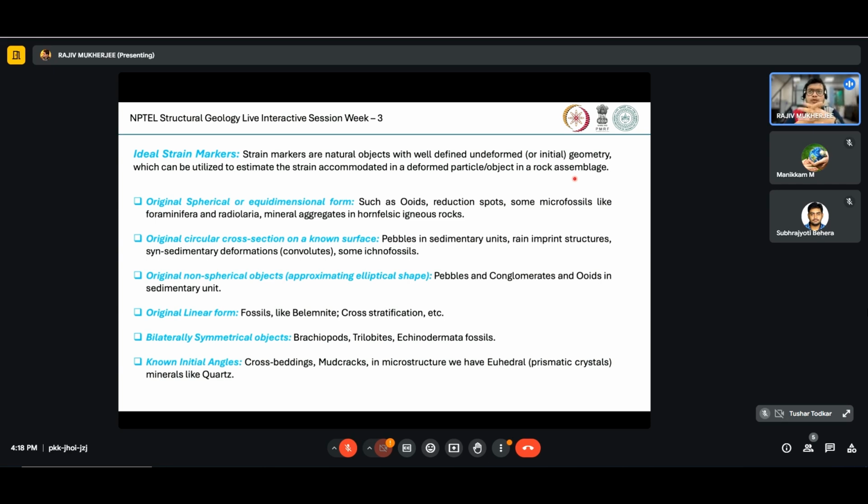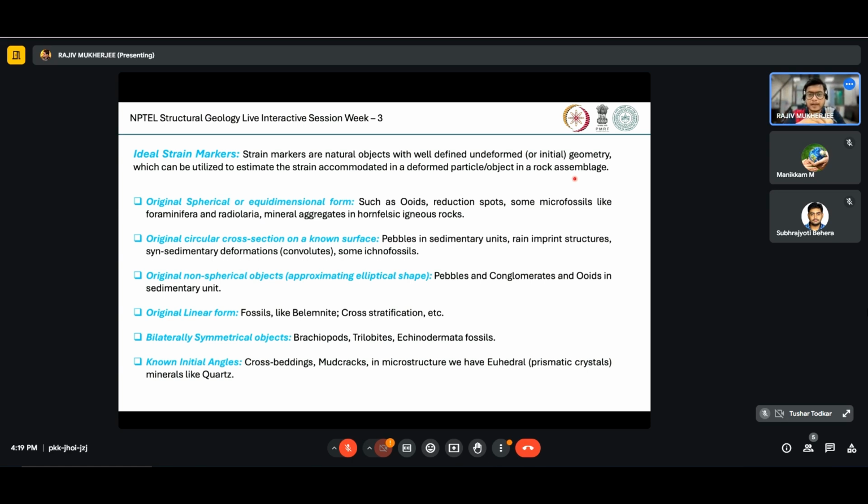We can of course go for radiometric dating, different kinds of tools are there, but the only thing we can estimate is the age of the deformation. But we actually did not see or visualize the deformation event by ourselves. Therefore, we do not actually know from what initial state the deformation started.